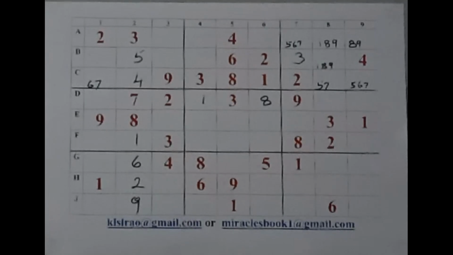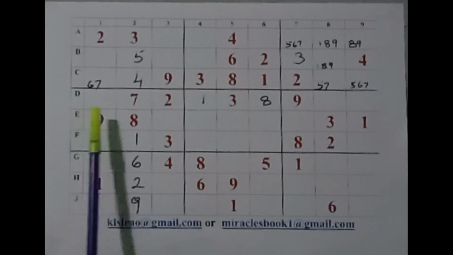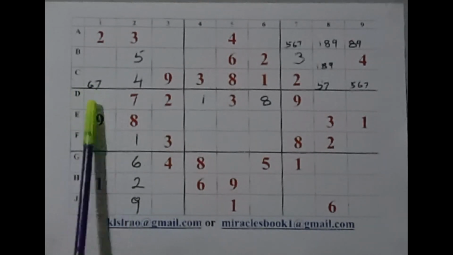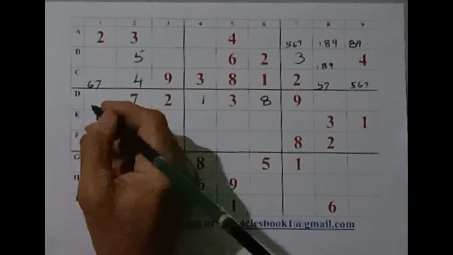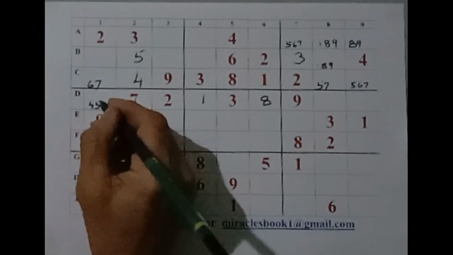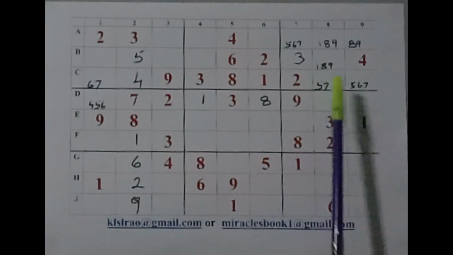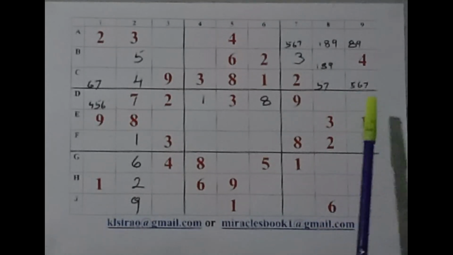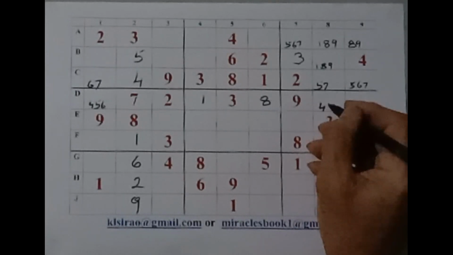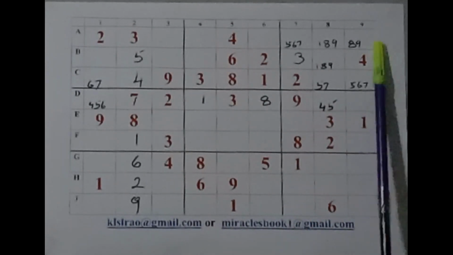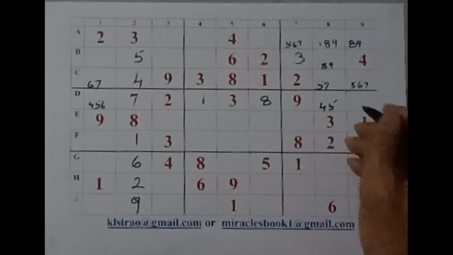That is for 4, 5, 6. Here we have a 6. Therefore, 4 and 5. Here we have that 4. So only 5 and 6 to be written here.